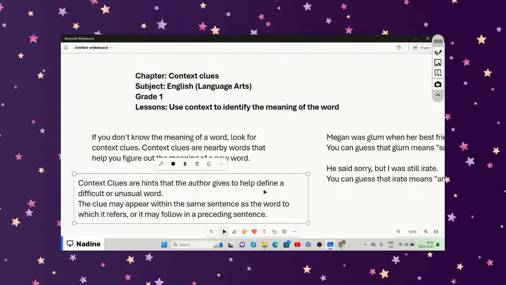So the author doesn't necessarily have to be the author of the book, but if we think of the author, then we specifically think of someone that is writing something, like we also say writing a book, right? And we're trying to figure out what the writer or sometimes what the speaker is trying to tell us.